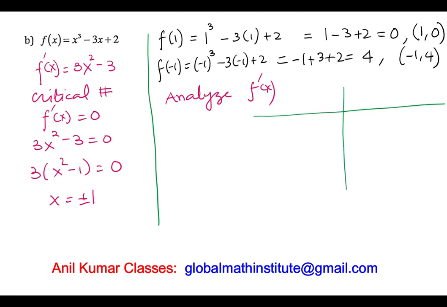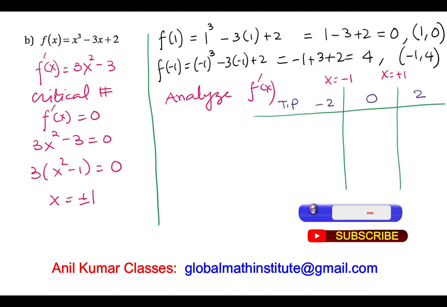So let's take the value of x equals minus 1 and x equals plus 1 and check some test points near them. So minus 2 on the left, 0 in between, and 2 on the right side. The derivative is 3 times x squared minus 1.